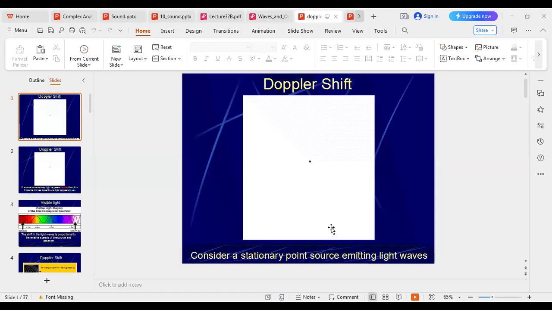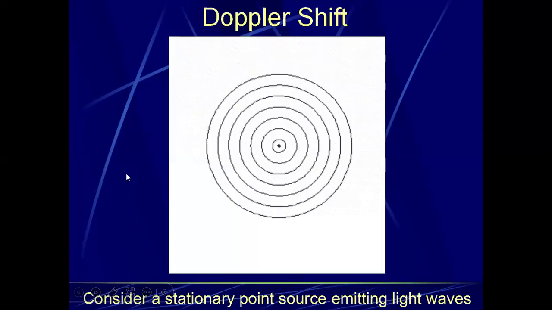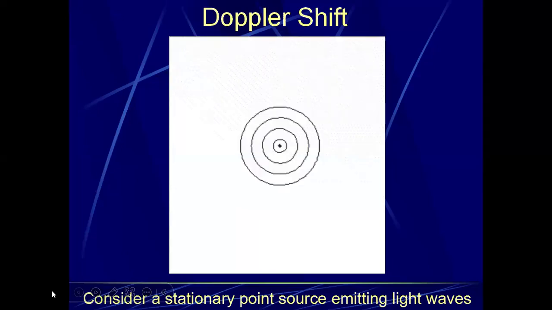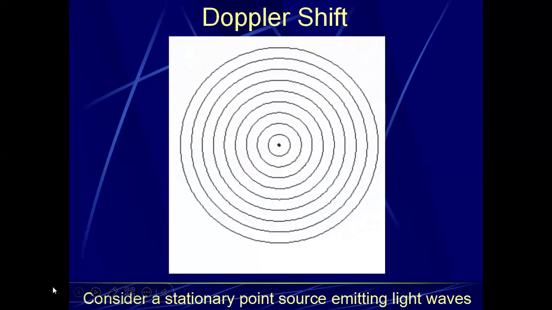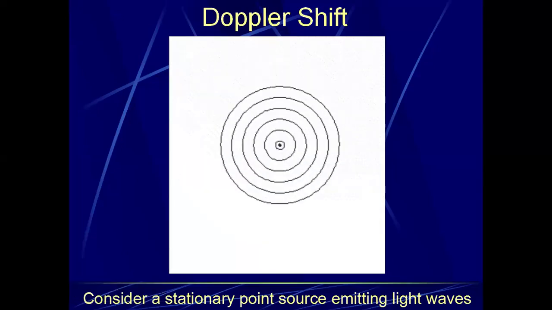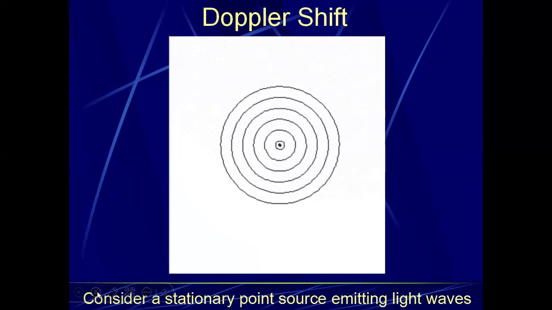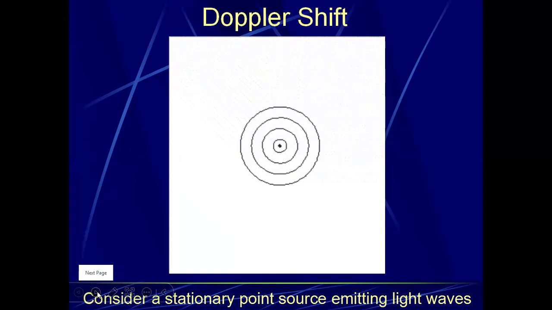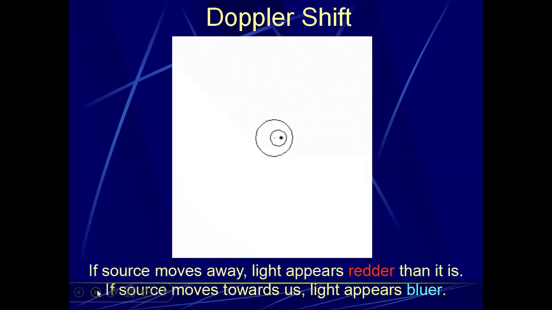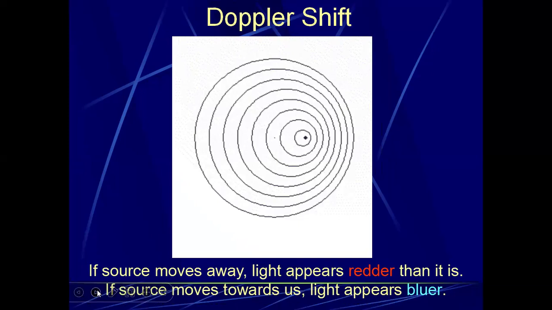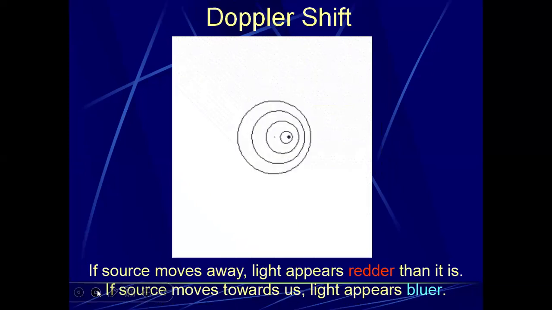Now we will discuss actually what the Doppler effect is. If the source moves away, light appears redder than it is.